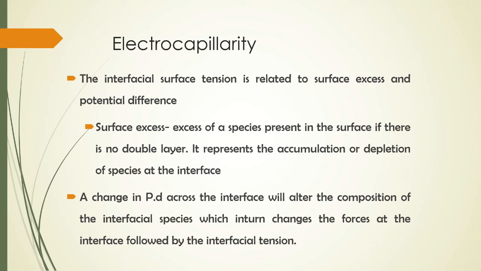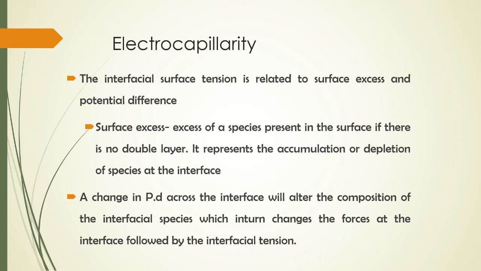The interfacial surface tension at a metal-electrolyte phase boundary can be related to two quantities, a surface excess and a potential difference. This phenomenon was first studied by a scientist named Lippmann, and it is known as electrocapillarity.